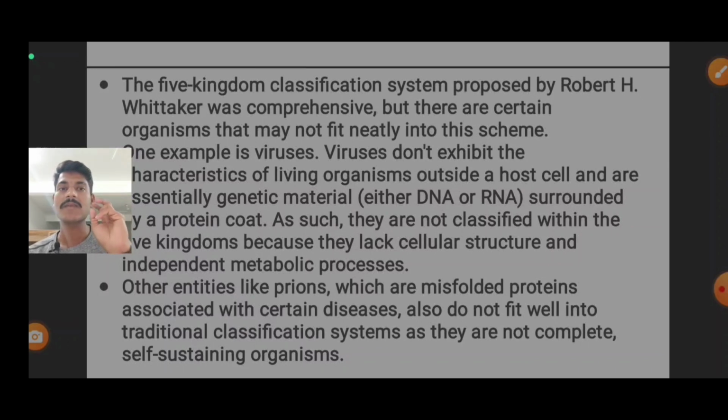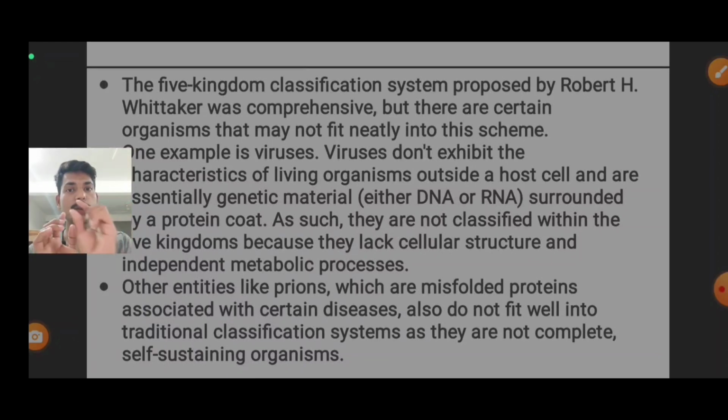Why did R.H. Whittaker not classify these? Because he chose some criteria: cell structure, cell wall structure, mode of reproduction, and the phylogenetic, like evolutionary, relationship. These things are not found in the virus. Virus is like the borderline between living and non-living.